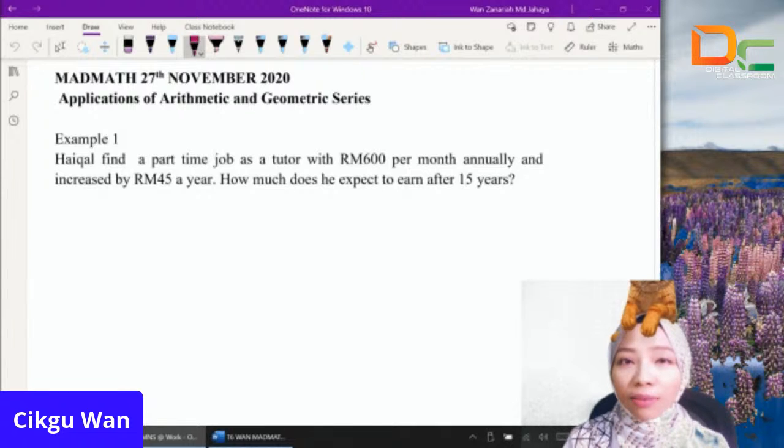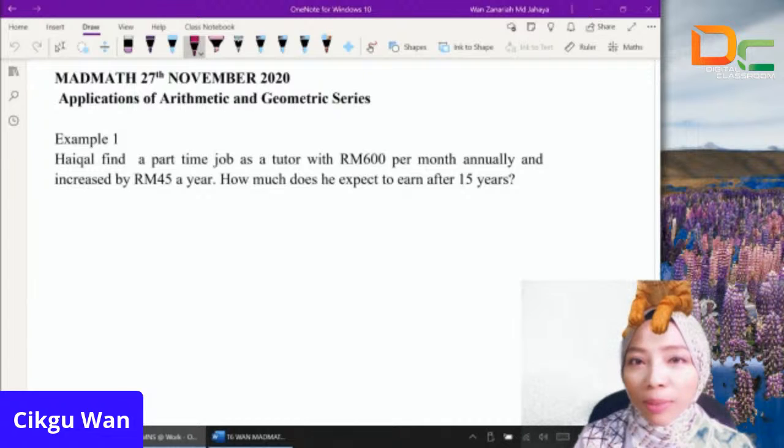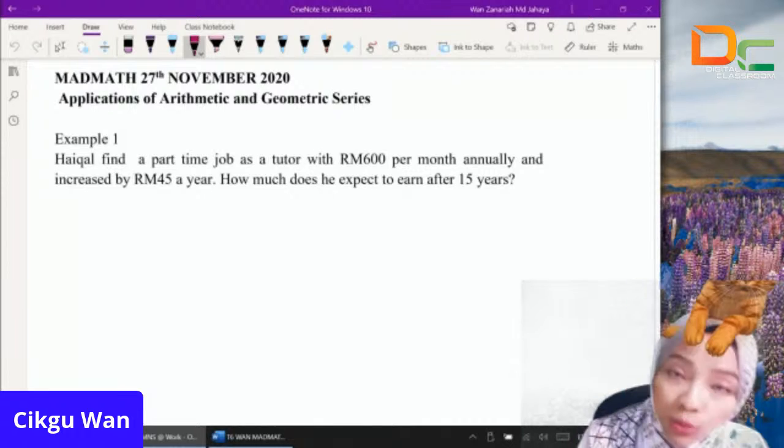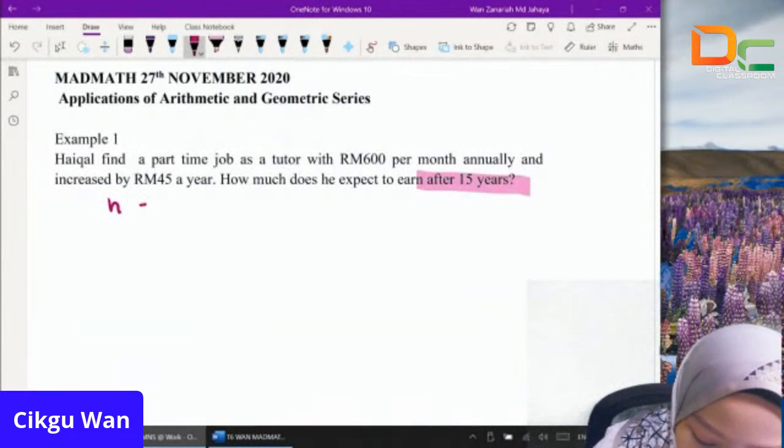Okay, so let's write the sequence first. But before we write the sequence, let's state first what our N is. Is our N after the increment, or now, before the increment? So if the question wants after 15 years, we state that N is after the increment.